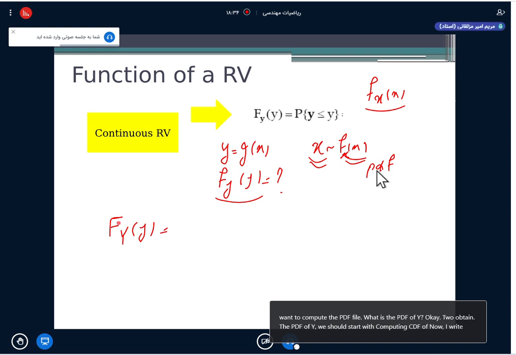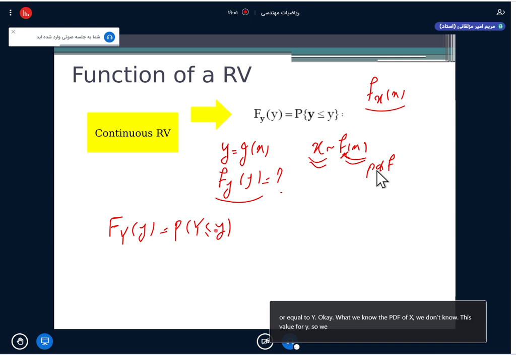Now I write the CDF of y. For the CDF, we use capital F. The CDF of random variable y at the point y is equal to the probability that the random variable Y is less than or equal to y. But we know the PDF of x. We don't know this value for y.